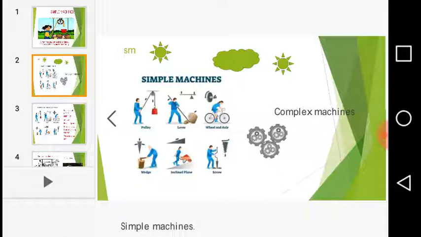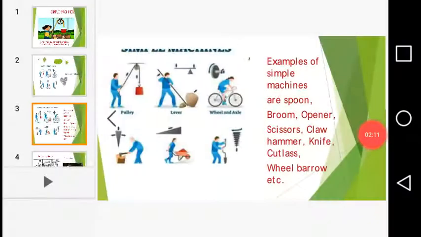I say again, these are the 6 types of simple machines.